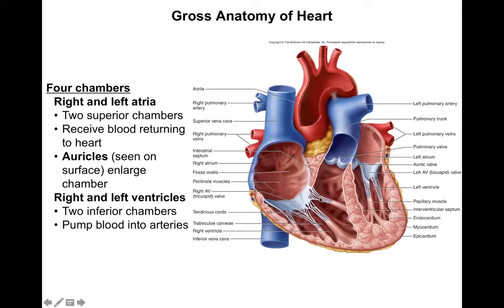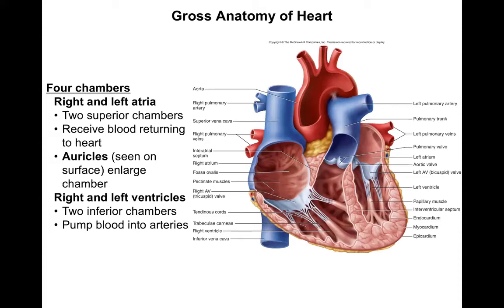These chordae tendineae are attached to muscles known as the papillary muscles, okay? The muscles around the ventricles in here are known as the trabeculae carneae or trabeculae muscles, okay? There are some other muscles in the atria which are known as the pectinate muscles, okay?